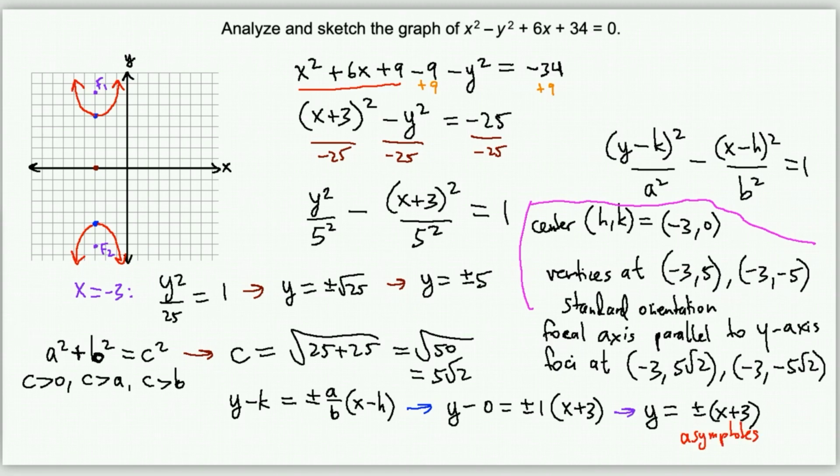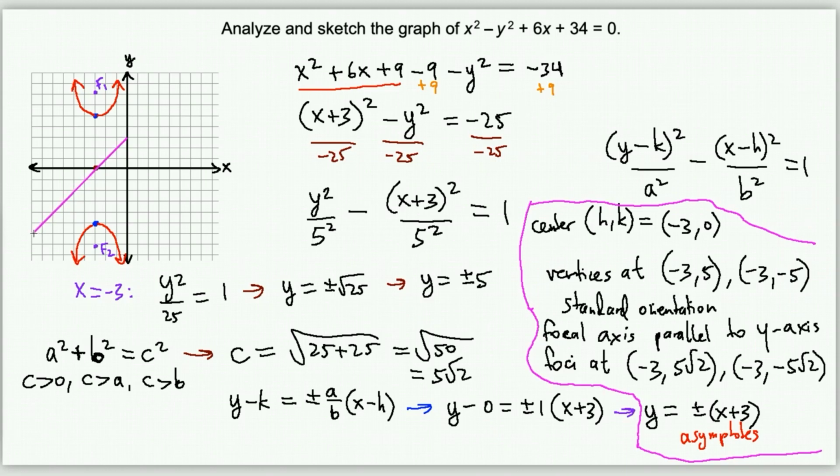So together, putting all this information down, this is what we have. These are the key features of this hyperbola. Now, if we plot plus minus (x plus 3) here, doing the best job possible, the y-intercept in the first case is positive 3, so it's going to pass through this point.